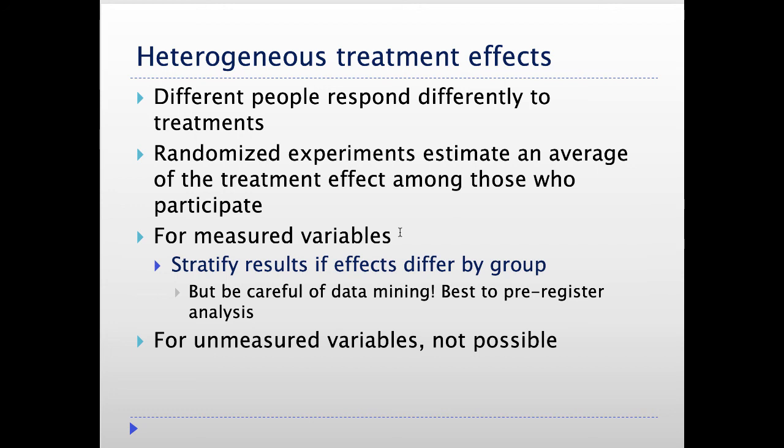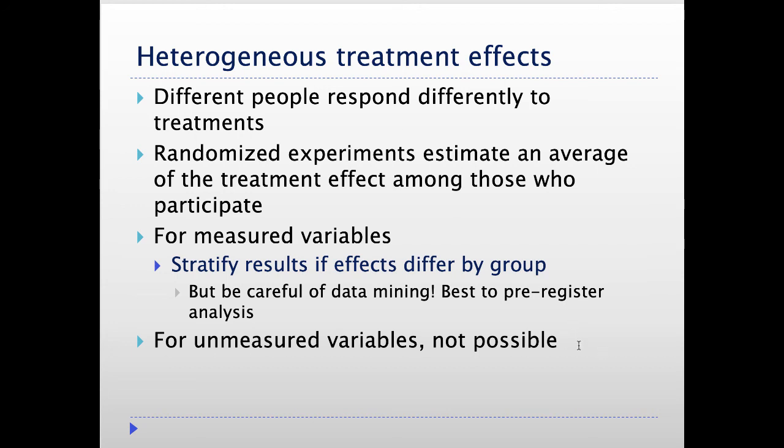There are a couple of big buts about that. Be careful of data mining. Best to pre-register. There are also design things that you can do to plan. If you're stratifying, you can actually stratify before you randomly design. You can block things. So that's something you can put into design.